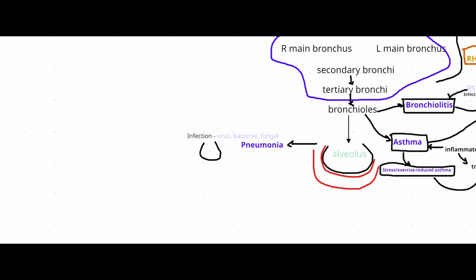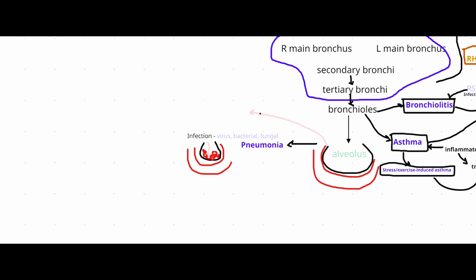When there are secretions in there, what sound is it going to make as the air molecules try to get through the secretion here? What sound? Crackles, very good. So in the alveoli, if there are secretions in there, it is going to cause crackles.